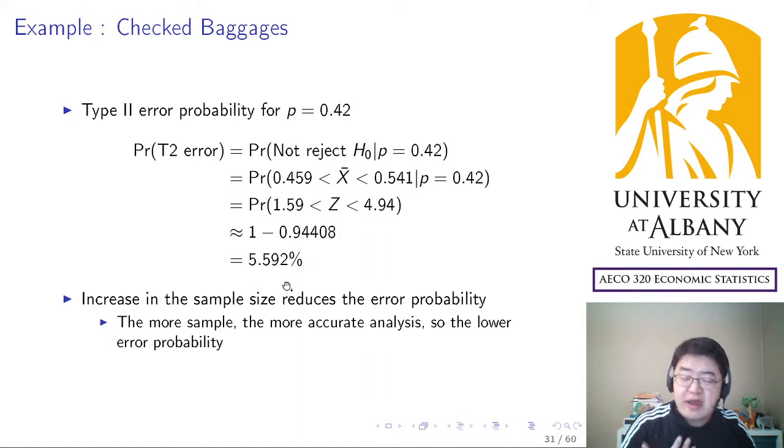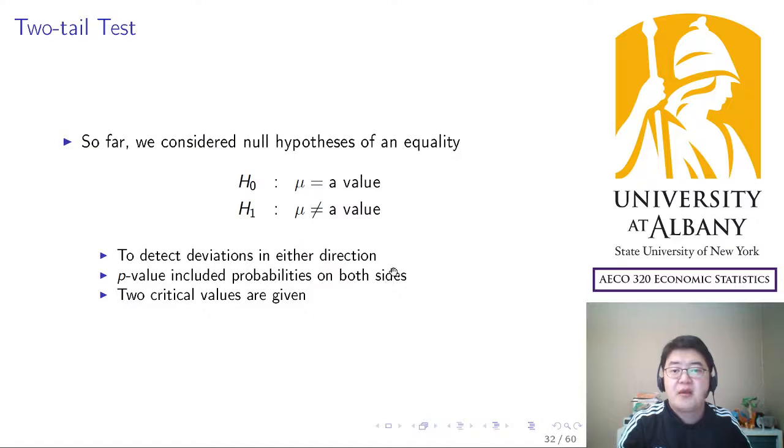As you have more sample, larger sample, your analysis will be more accurate. Obviously, you have more information, so you can do better job in statistical inference. So it reduces the error probability. So that's also an intuitive result from a larger sample size.